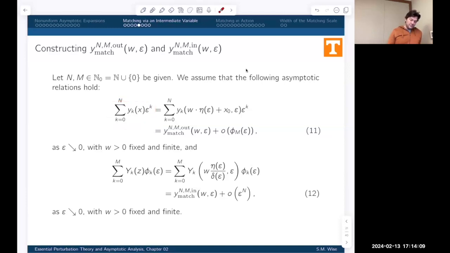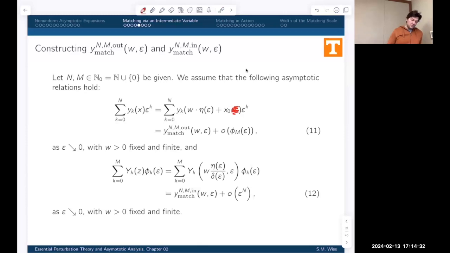Now what we're going to do is we're going to sub in for x the w variable. So if we sub in the w variable, I think I have a slight mistake here. This doesn't depend on epsilon, so that's not needed.